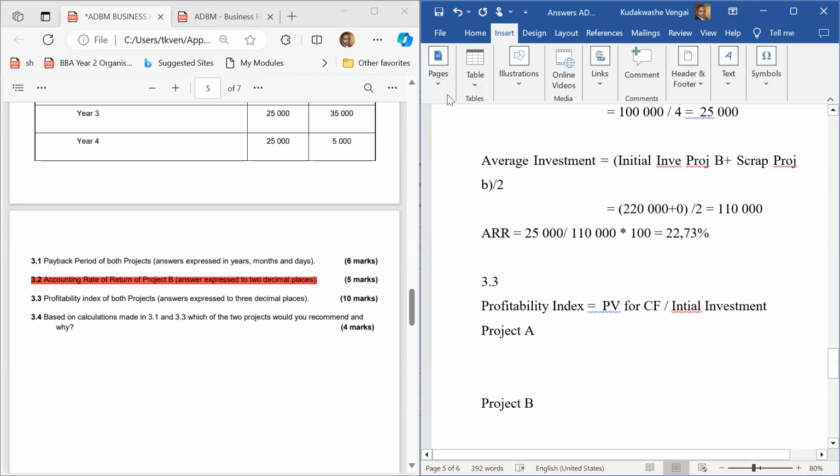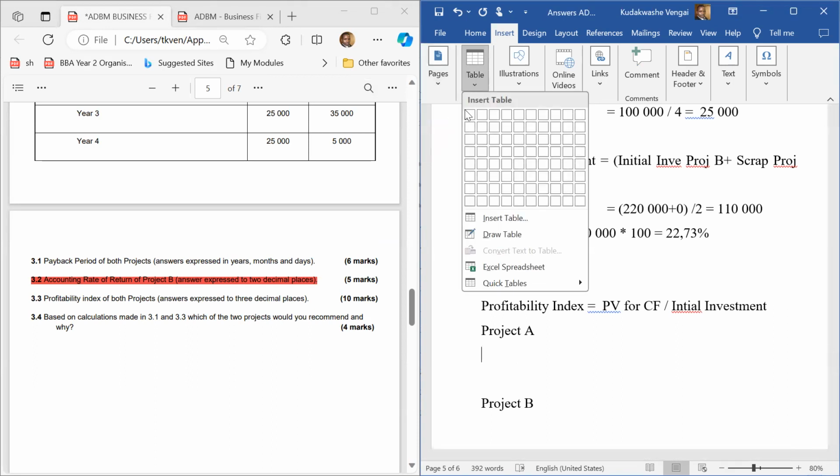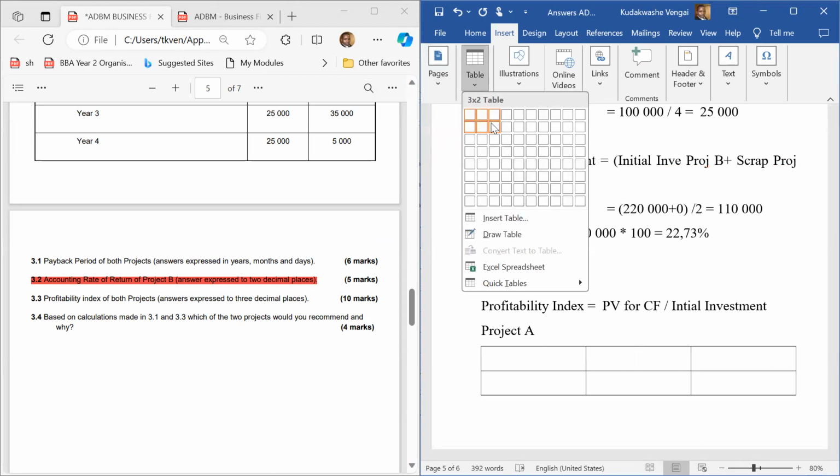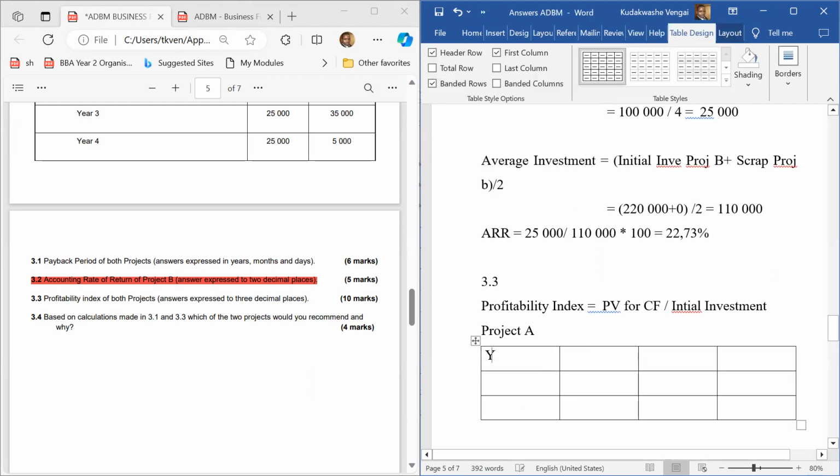So we're going to create a table here. Yes, cash flow, discount factor, present value.